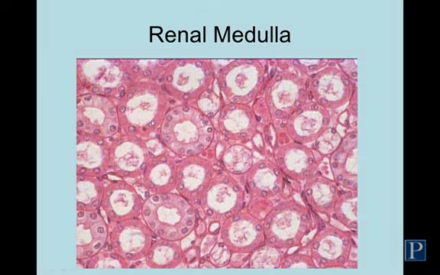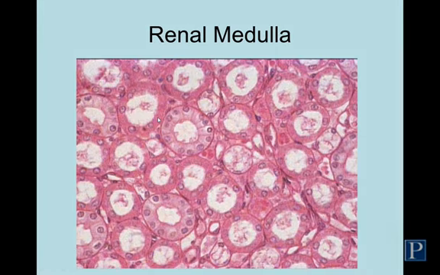Another difference is, again, that the epithelium is flatter, so it's a flatter cuboidal epithelium. The cells are less tall, and the nuclei are located more in the center of the cytoplasm rather than closer to the basal surface. So those are several landmarks you can use to distinguish between the thick portions of the loop of Henle and the collecting tubules, both of which are tubular structures in the medulla that are composed of simple cuboidal epithelium.